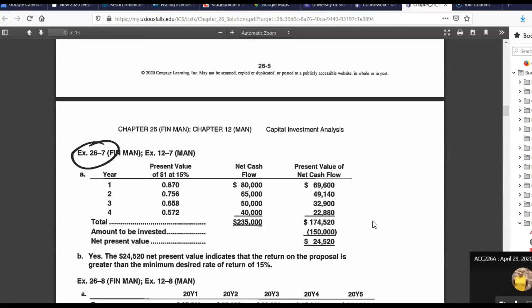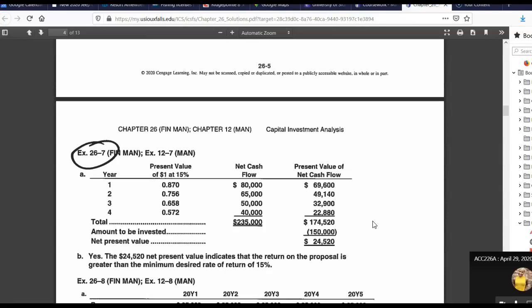Well, of course that makes sense. It's going to cost you 150 to purchase. It takes 235,000 back to you in cash flows. That's a great deal. Well, yeah, it's a great deal. The problem is I have to write the $150,000 check today, but I will get the 235,000 over the course of the next 4 years.